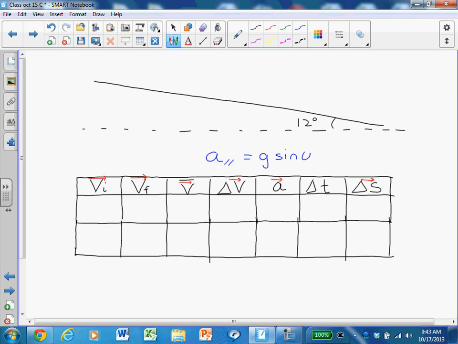Minus 10 meters per second for each second, or meters per second squared. And then sine of 12 degrees. And we could ask our calculator what it is. So that's minus 2.08 meters per second squared.